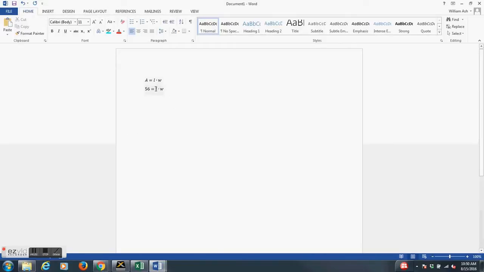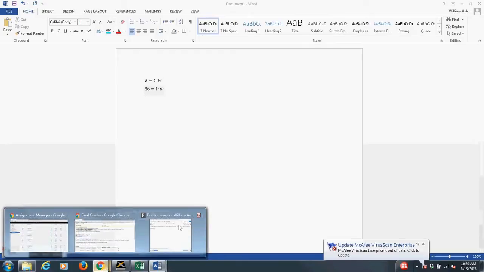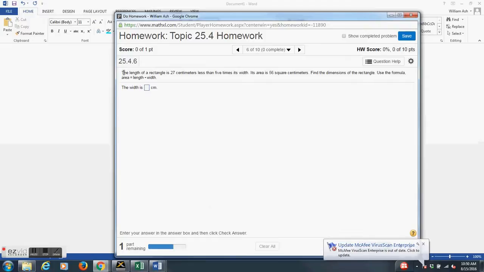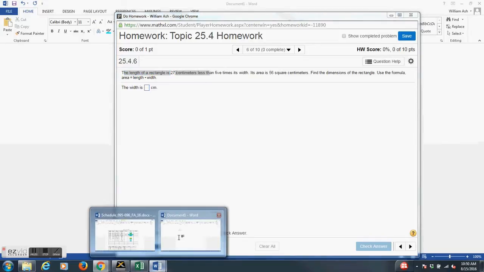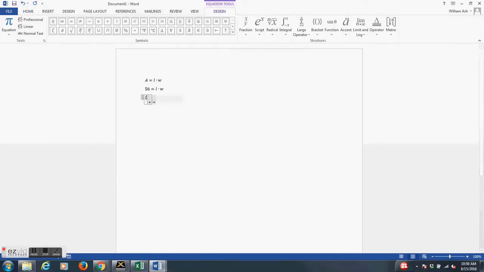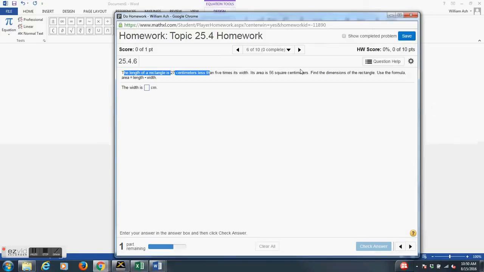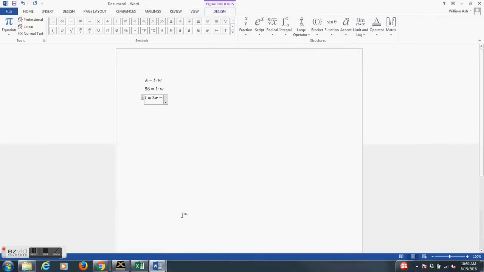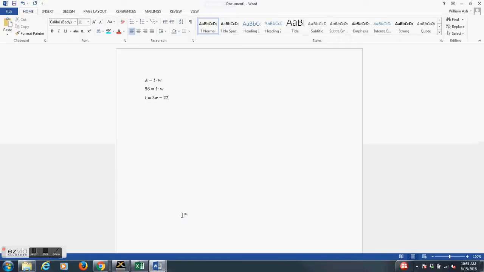Okay, so like I said, we need to write one of these variables in terms of the other, and that's what this sentence right here is going to do. It says the length, so it's L, equals 27 less than 5 times the width. If I took 5 times the width and took away 27, you'd have the length there.